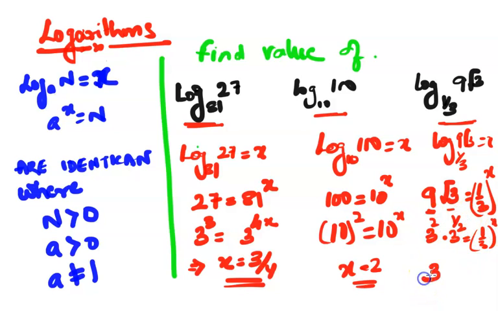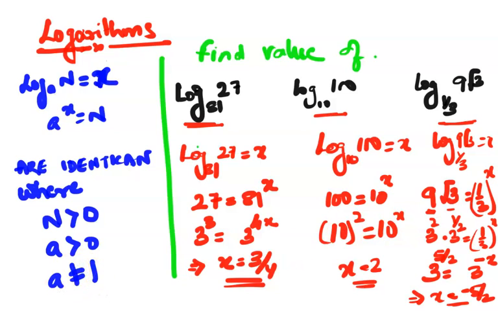So 3 raised to power of 5 by 2 equals 3 raised to power of minus x. So implies x equals minus 5 by 2. Right? So if you've been given any questions on log and you have to find the value of x, these are some of the ways to calculate x. Right? Now let's take another example.